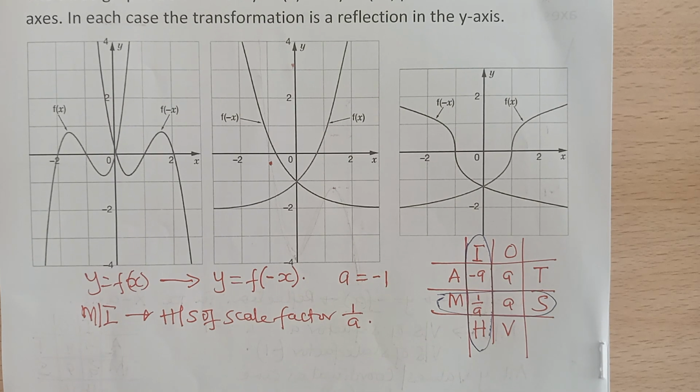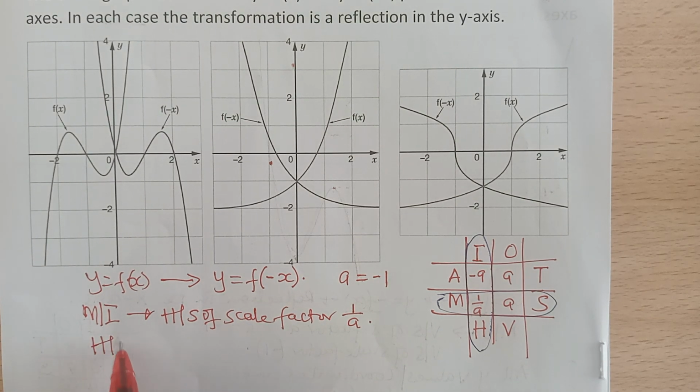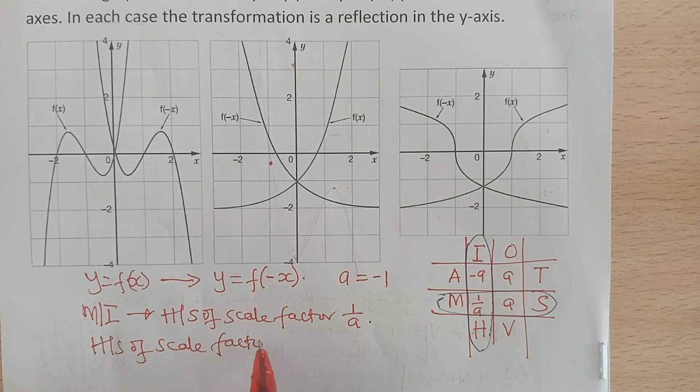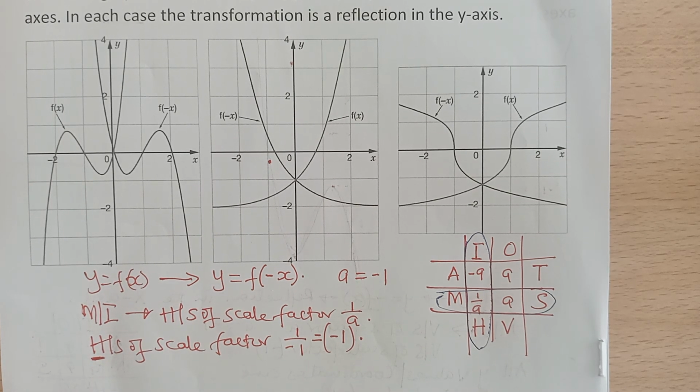So the moment we say it is a horizontal stretch of scale factor 1 over negative 1, which is eventually negative 1, what does this mean? Horizontal means we are going to affect all the x coordinates.